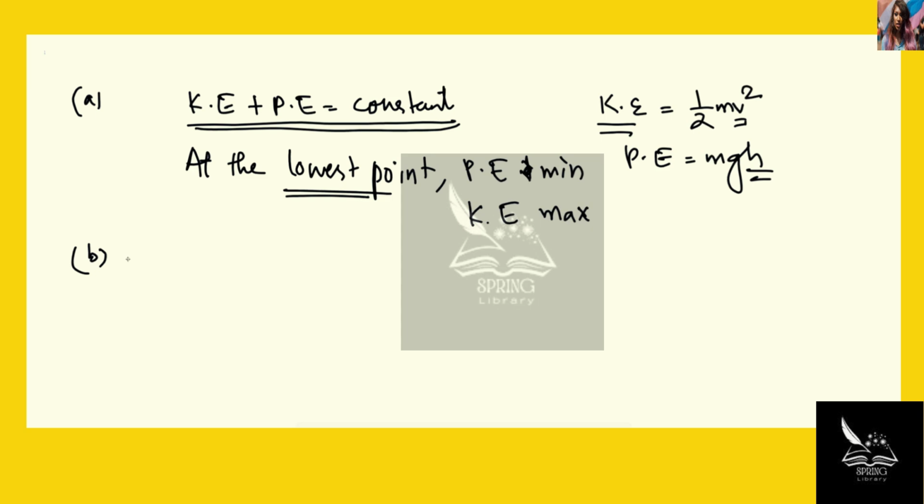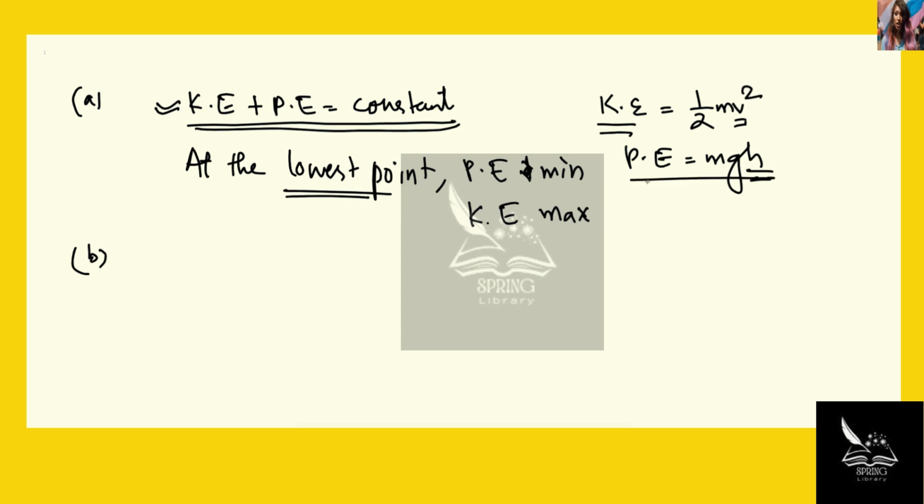Now for part B, we have to see where the potential energy is maximum. Now we will use the same equation, the first one, that is the sum of kinetic energy and potential energy, both has to be a constant because total energy must be conserved. Therefore, whenever kinetic energy is maximum, potential energy is minimum, and vice versa.